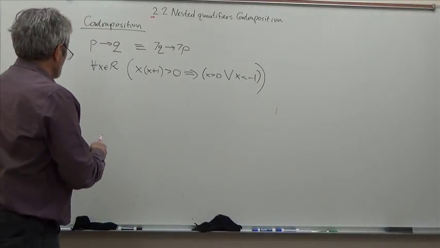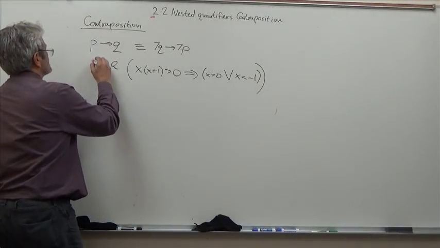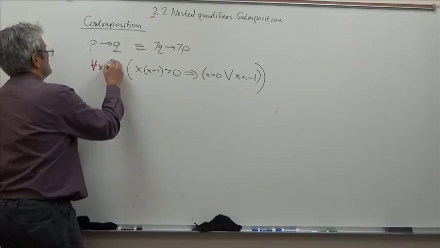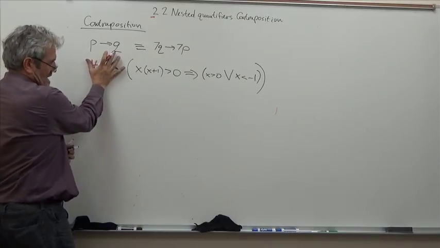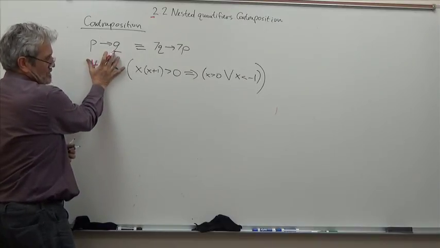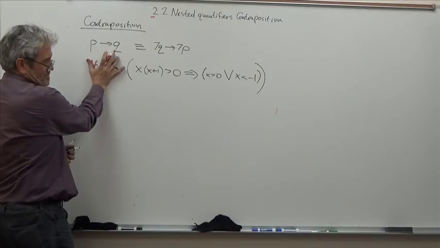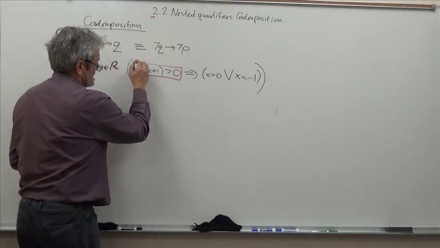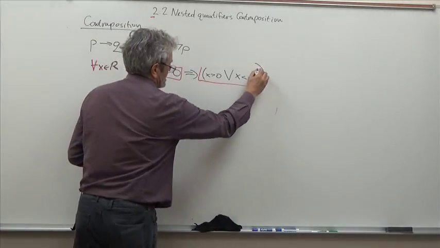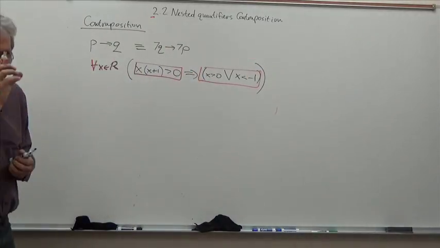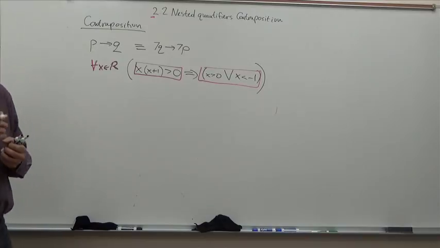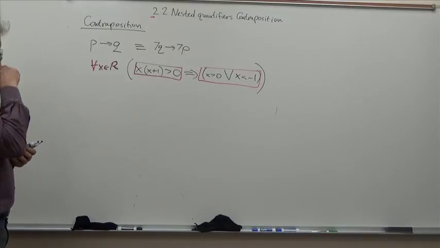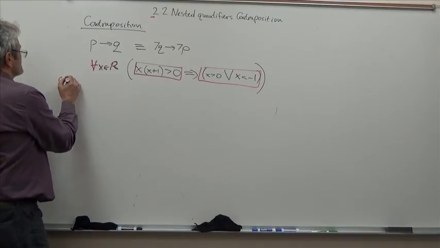We have quantifiers outside. So if I were to hide the quantifiers, what we have inside has a pure propositional structure, and it looks really like P implies Q, where P and Q are zoomed in, and then we saw the structure of those. So what would the contraposition be?